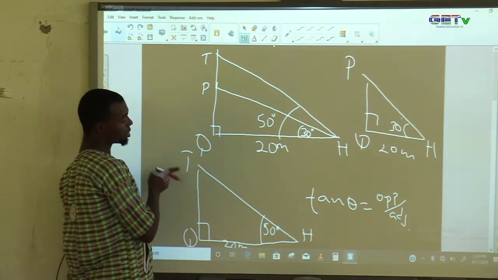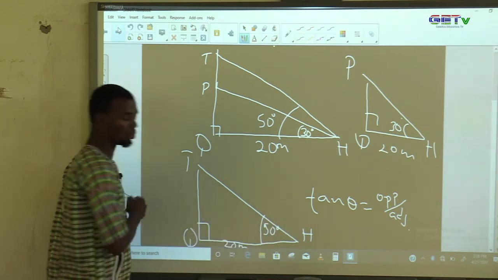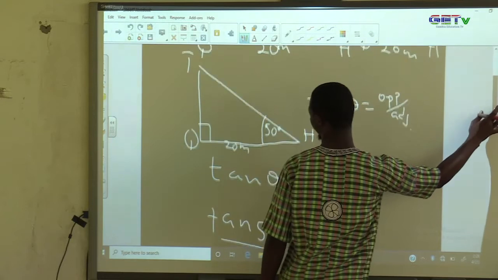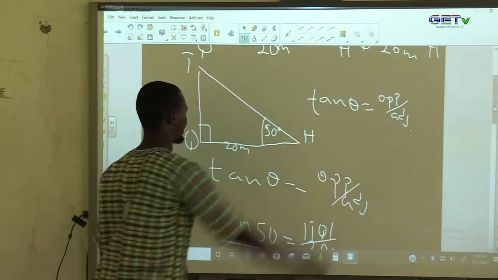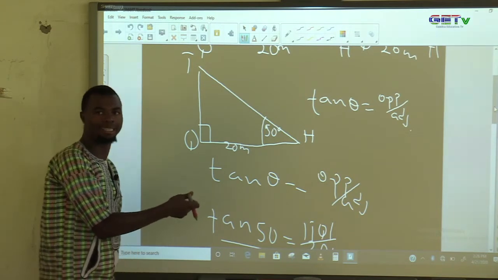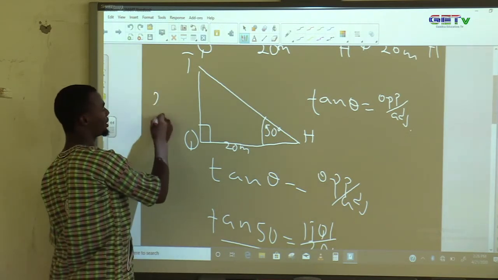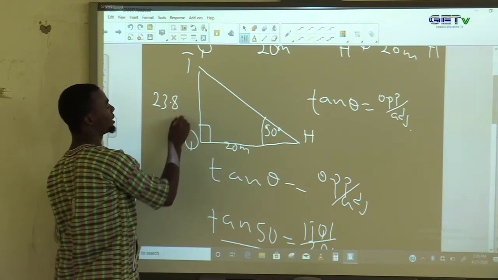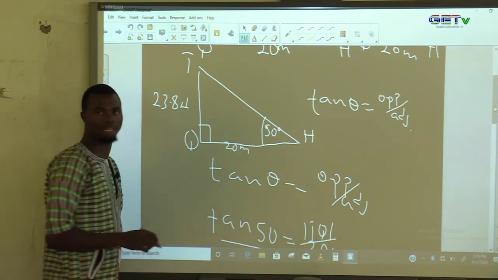We will look at right angle triangle THQ, and that distance is TH. We first found TQ, and when we found TQ, we got it as 23.84.